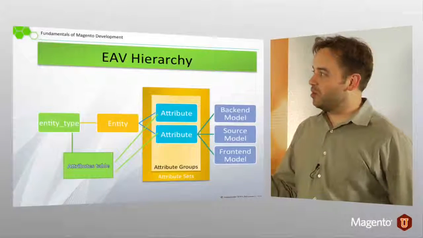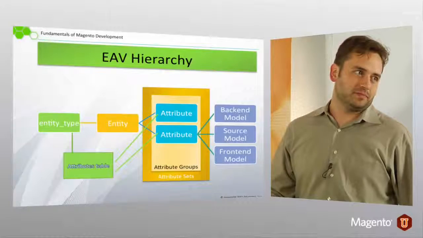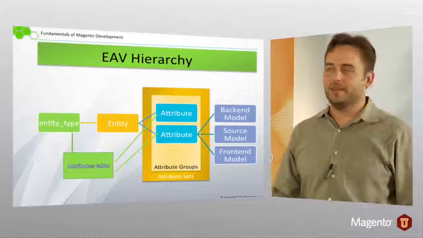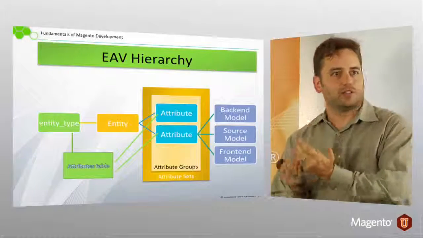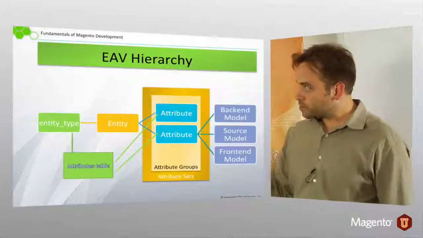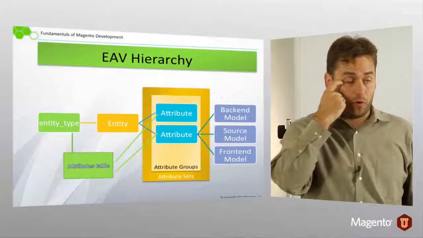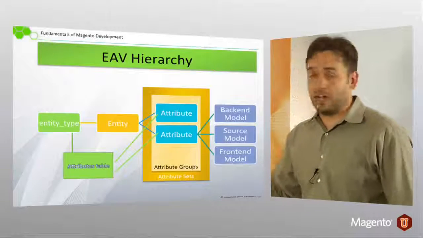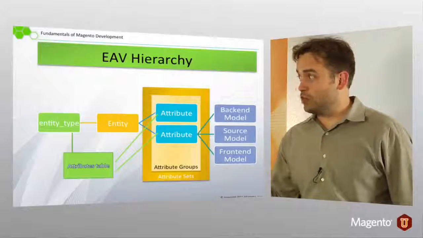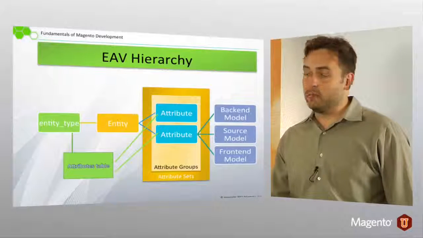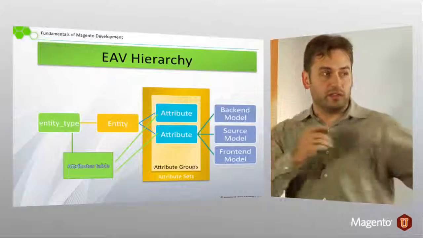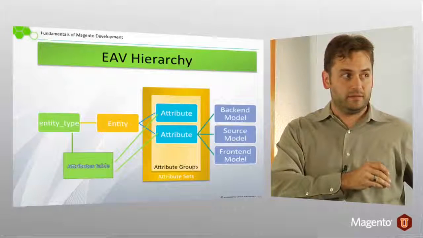They have back-end model, source model, and front-end model. Okay? The good news is, like, that's the end of the complexity here. That's a lot, I know. It's a whole other set. But back-end models used for saving attribute values. Source model used for rendering options. And front-end models used for rendering in the front end. Okay?